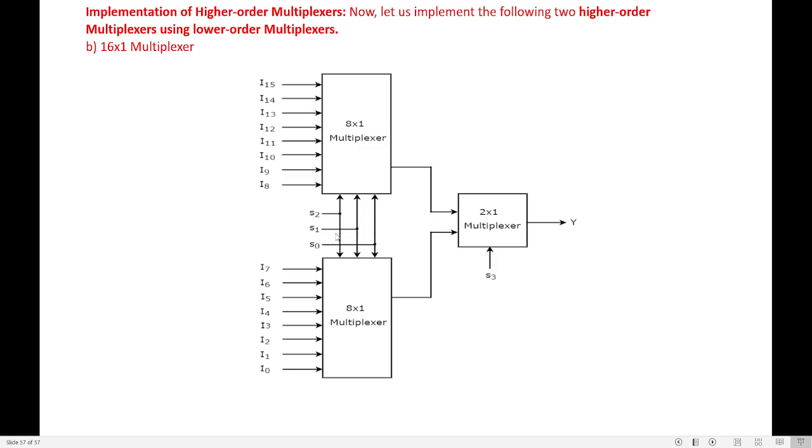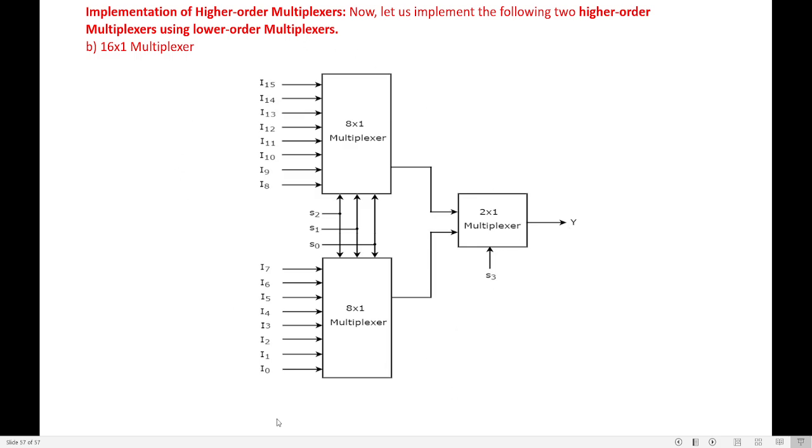Using these 3 selection lines, if I make them 0, 0, 0, I8 will be forwarded through here and I0 will be forwarded through here. So here the input is I0 and here the input is I8. Based on the S3 select line, if S3 is 0, I0 will be forwarded to output. If S3 is 1, I8 will be forwarded as output.